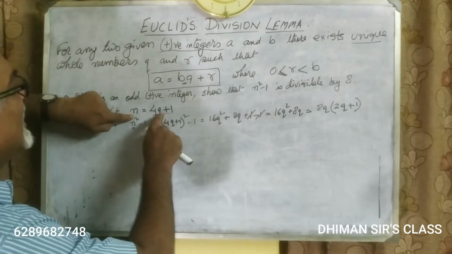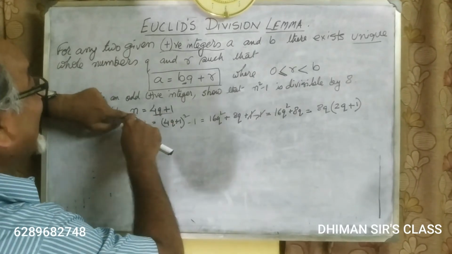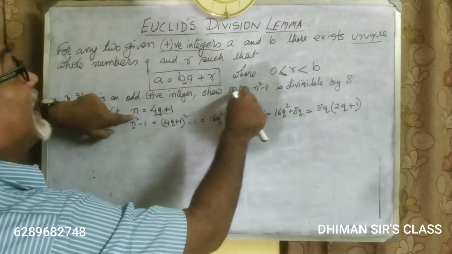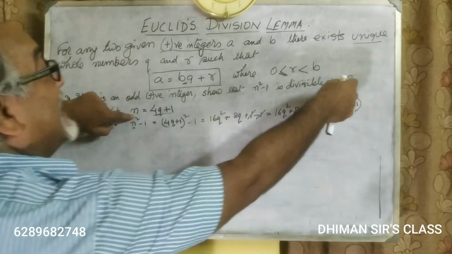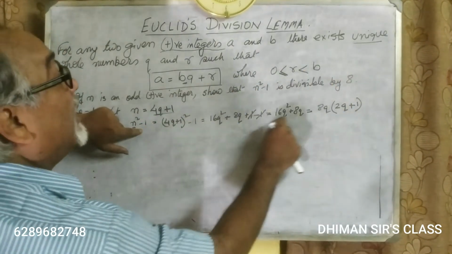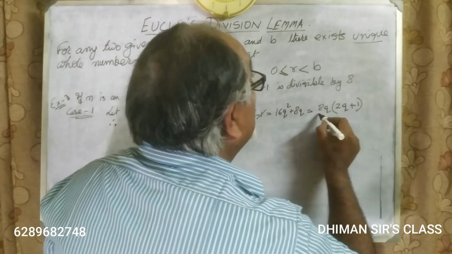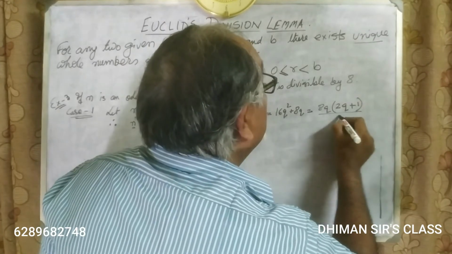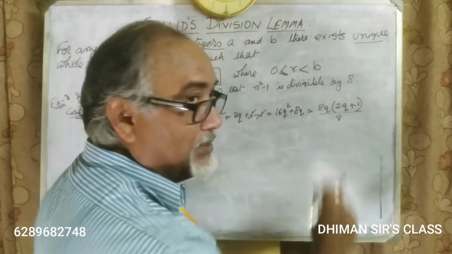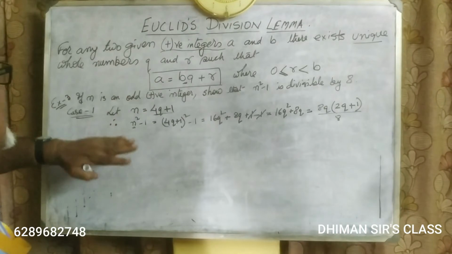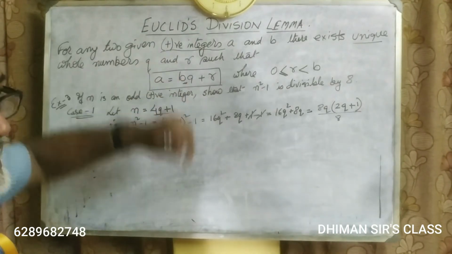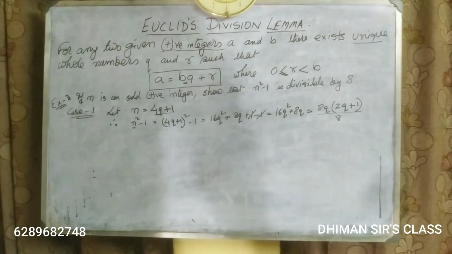Now n square minus 1 is divisible by 8. So n square minus 1 we found, and see outside it is 8. That means the total thing is divisible by 8. So in case of 4q plus 1, it is divisible by 8.